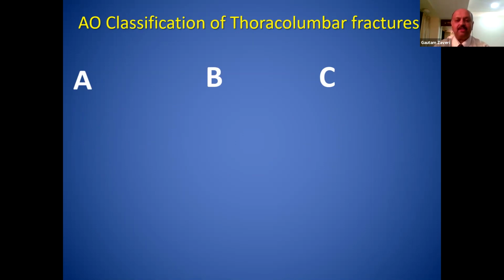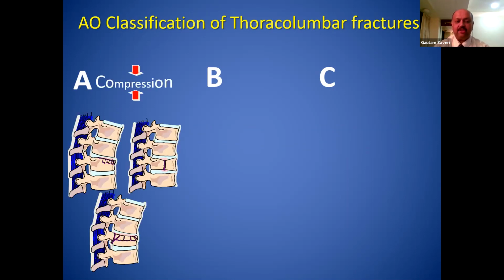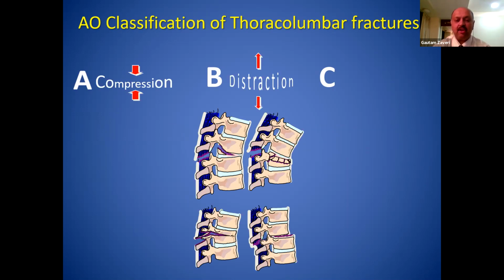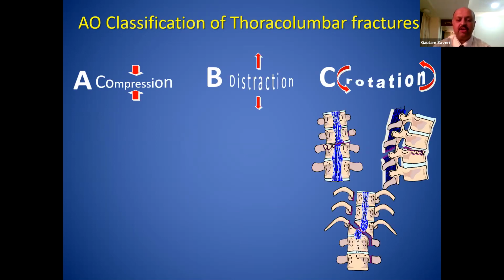Magerl and others studied 1,554 thoracolumbar fractures and came up with a very detailed classification. But as residents and even for clinicians, what is important and what helps you is just identifying whether this injury is A, which is a compression injury, B, a distraction injury, or C, a rotation injury.